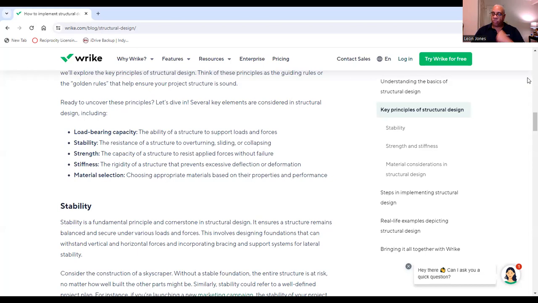When we deal with strength, we deal with the capacity of a structure to resist applied forces without failure. So I could have said we can reduce failure by making sure that we have a good structure in place to resist applied forces.